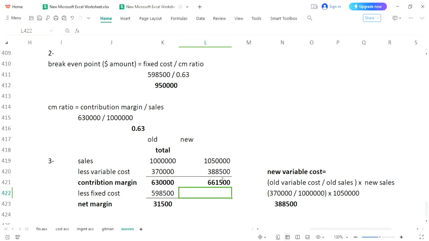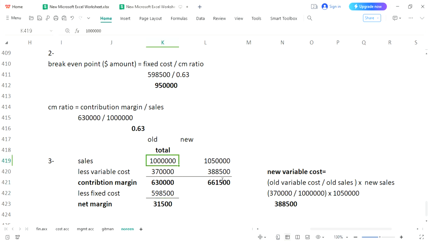What would be the difference now for fixed cost? You have seen when sale was 1 million or 10 lakh, variable cost was 370. As you have increased your sale, your variable cost has increased from 370 to 388. So how you will calculate your fixed cost when you will increase your level of sale?